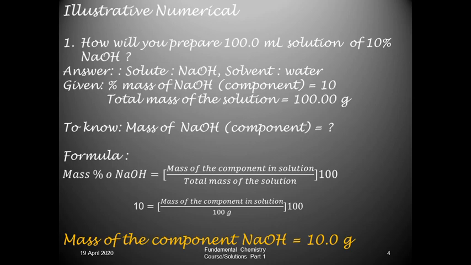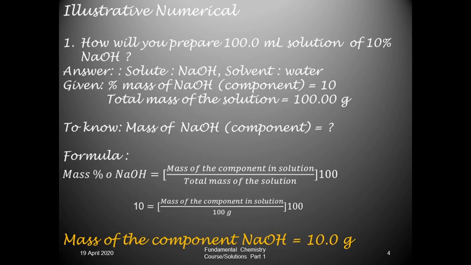Then we want to know the mass of the NaOH component. Logically also you can do this. Very simple. 10% in 100 ml means 100 will go out, and 10 gram of NaOH you have to take. That is very simple.